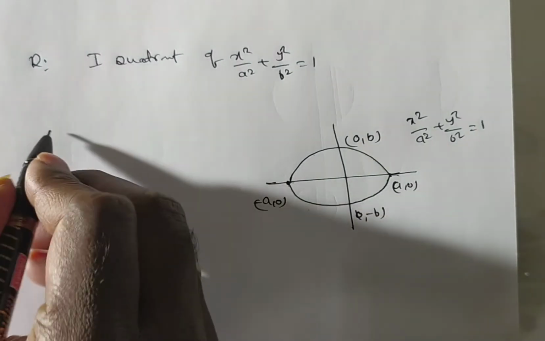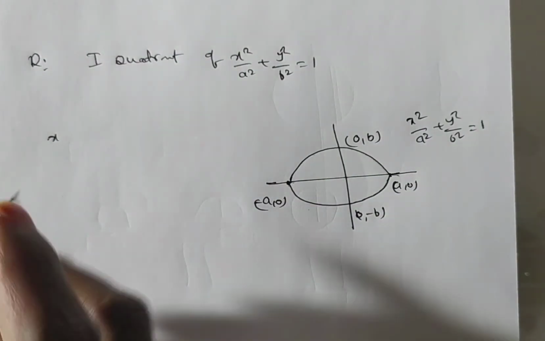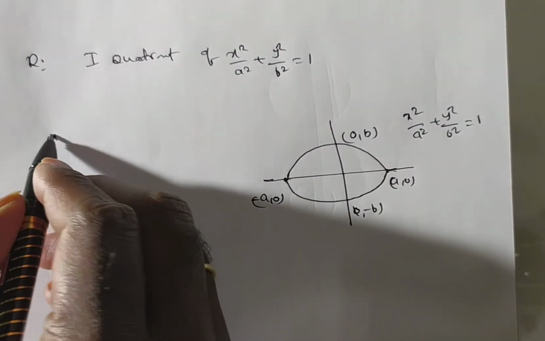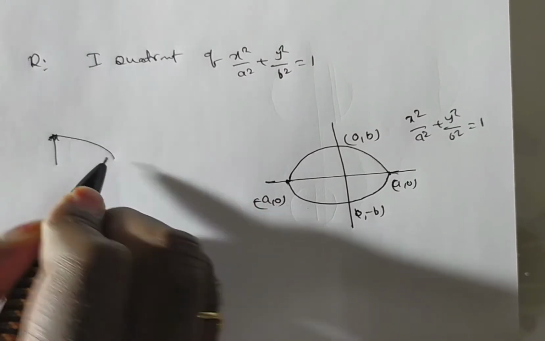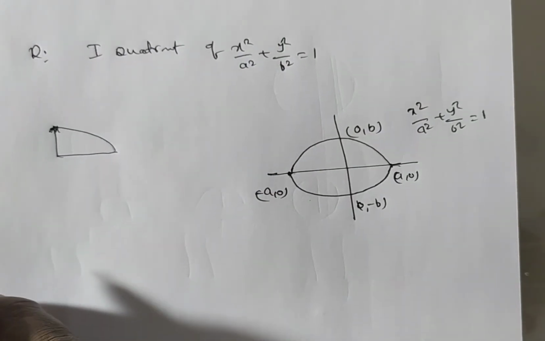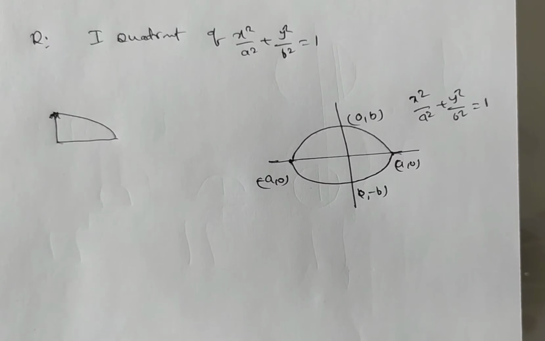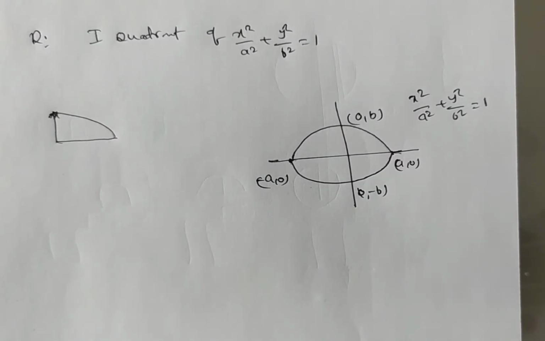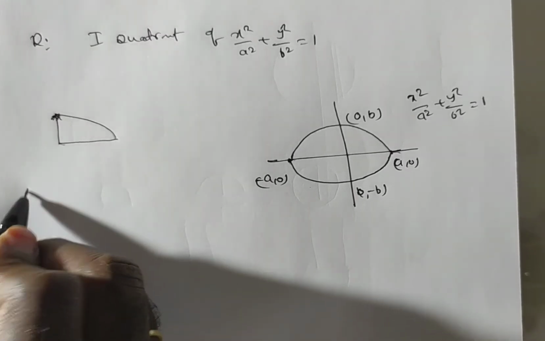First of all, they have given the first quadrant only. If x is independent and y is independent, we will discuss both cases. After that you can write the full ellipse, or half of the ellipse, or the right side of the ellipse. Now for this I am writing x is independent.